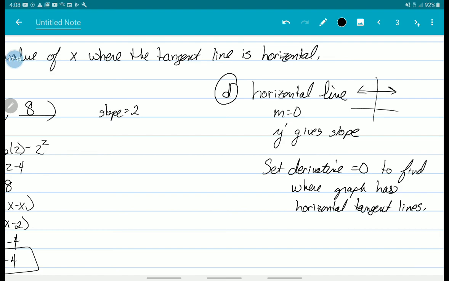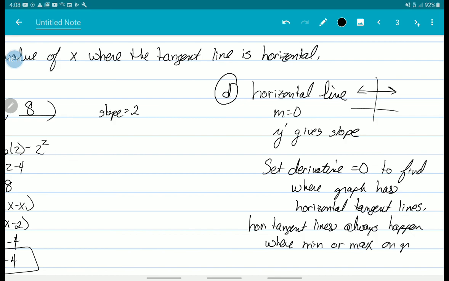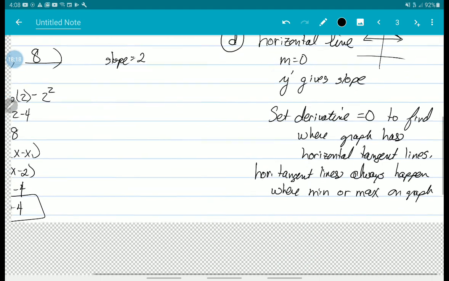And anywhere we have a minimum or a maximum is always where we're going to have a horizontal tangent line. It's always going to happen at a minimum or a maximum on the graph.